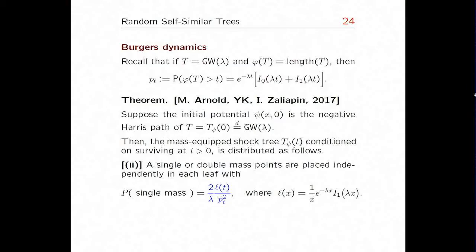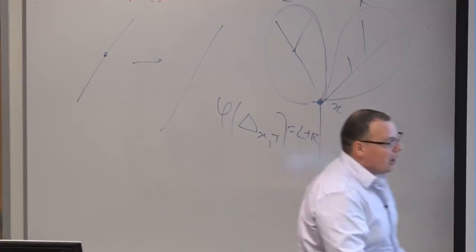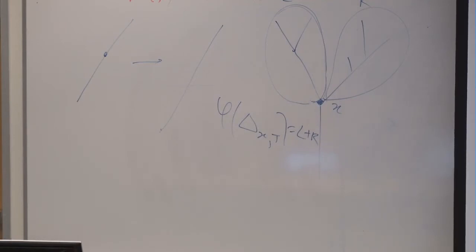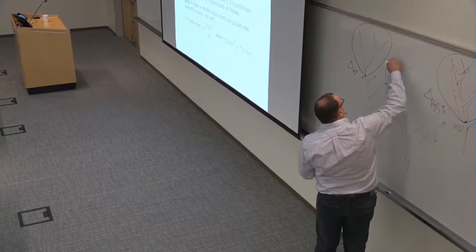Now, what else? Next, a single or double massive point is placed at the leaf. How? Well, it's a single point with this probability and double with the corresponding probability, like 1 minus this.